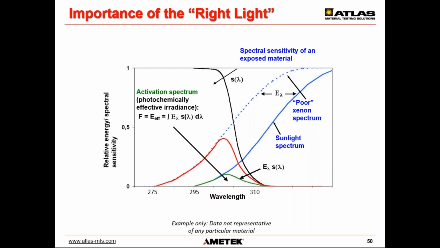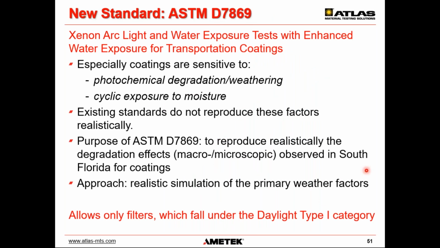So, thus, to improve the testing of automotive coatings, a consortium, which included Ford, Honda, BASF, Bayer, as well as the instrument manufacturers, researched the testing environment and the unique processes of coating degradation in natural exposures. And after over 12 years of work, they helped develop ASTM D7869.